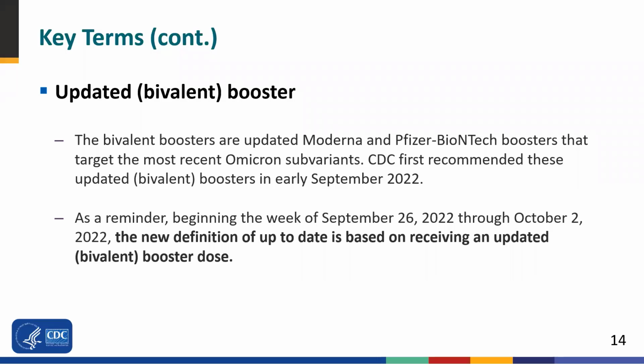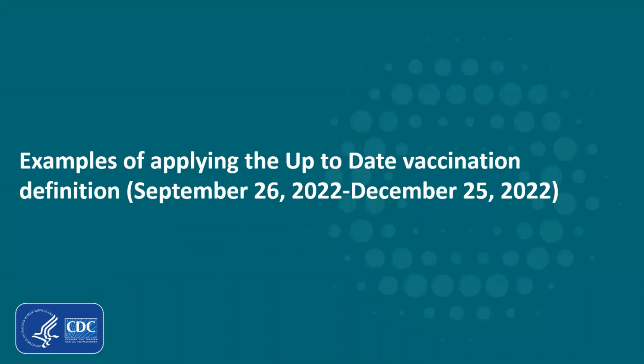An updated booster is a booster that targets the most recent Omicron subvariants in addition to the original variants. As a reminder, beginning the week of September 26, 2022 through October 2nd, 2022, the definition of up-to-date is based on receiving an updated bivalent booster dose.